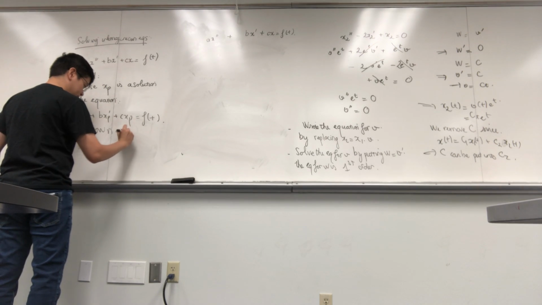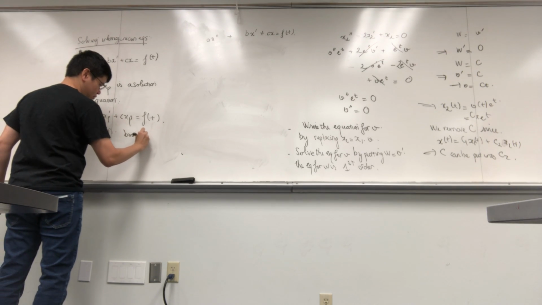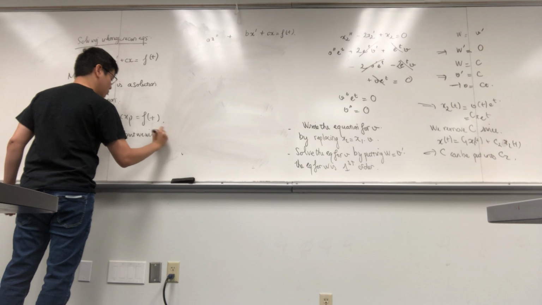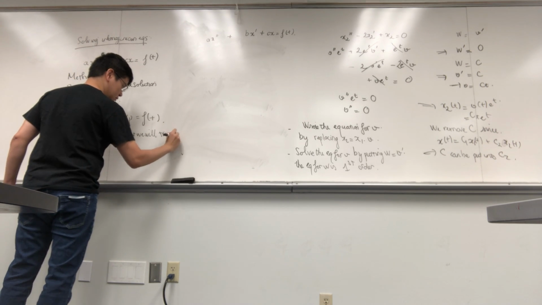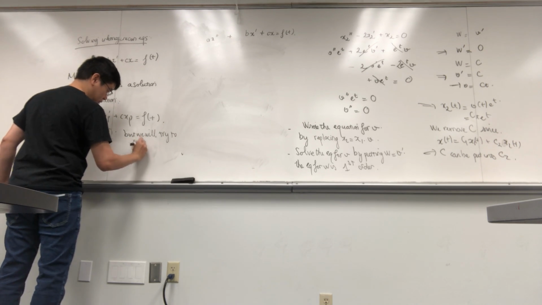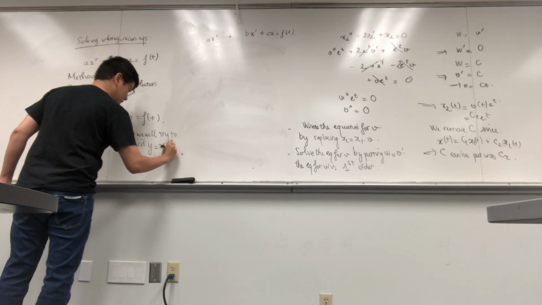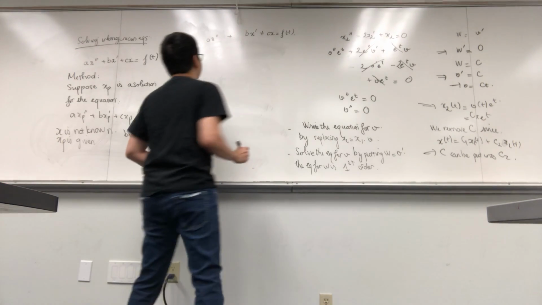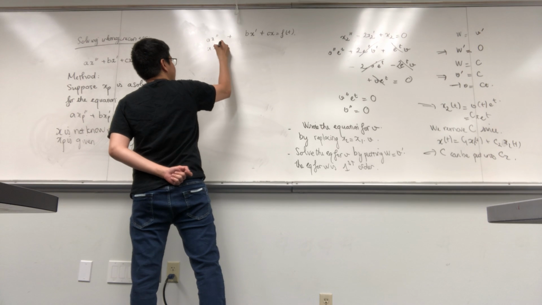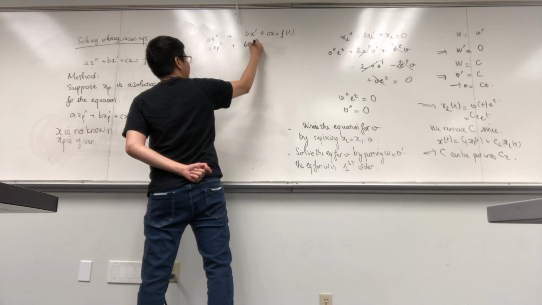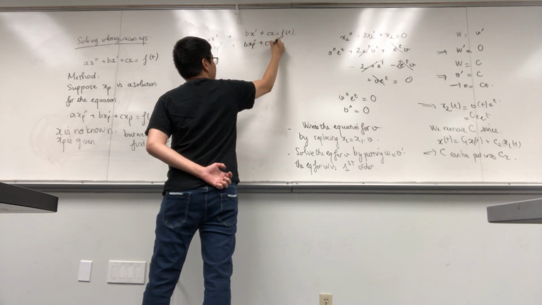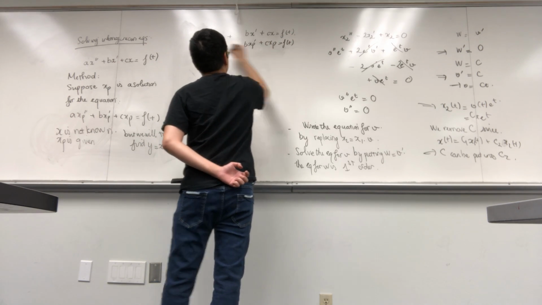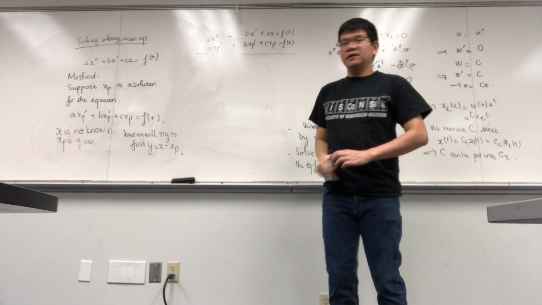We will try to find y is equal to x minus xp, right? So you have a xp second plus b xp prime plus c xp equals f of t. All right?